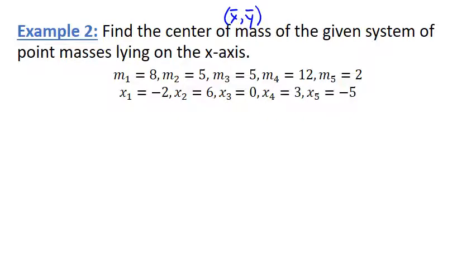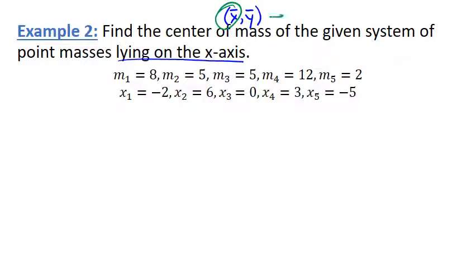Sometimes we need to find both, and sometimes we just need to find one. But this is a linear system because it's lying on the x-axis. So since all of our masses are on the x-axis, in this case, we are simply looking for x bar.